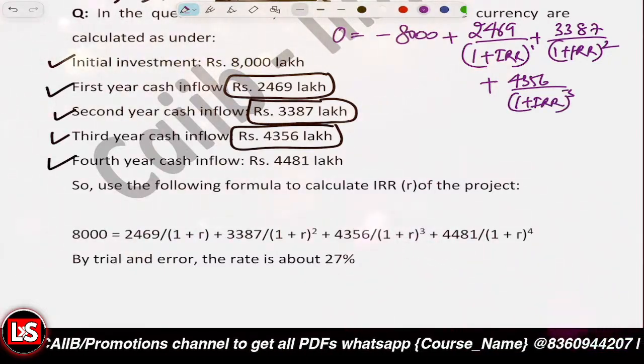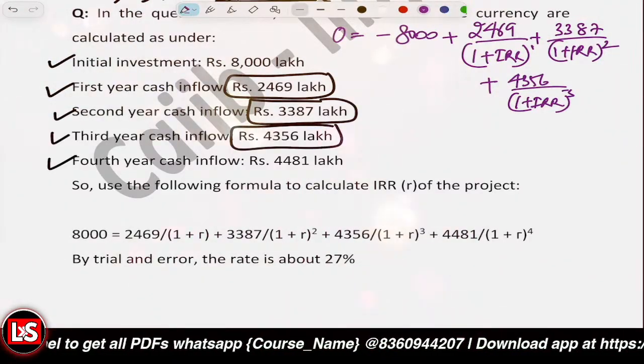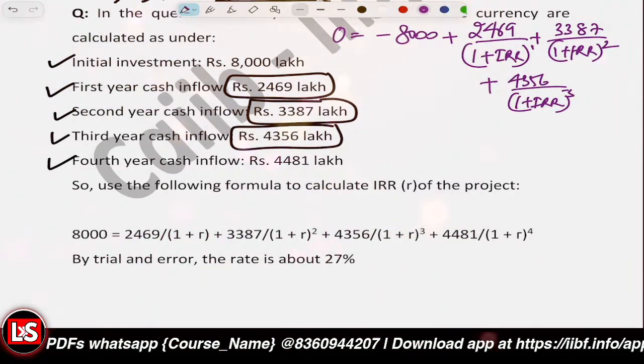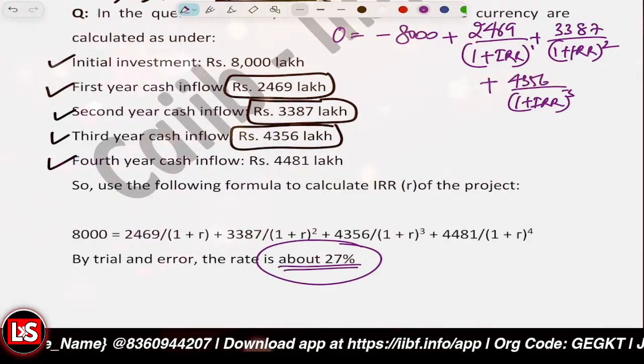Using this equation we solve it and get our answer. In this case, they estimated it and it came out to be 27%.